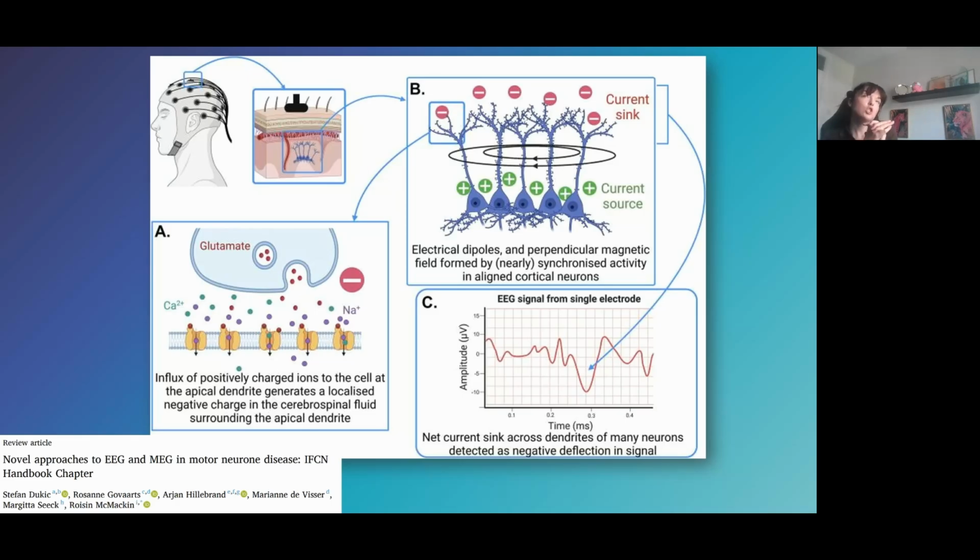What we see in the EEG is a negative or a positive deflection in this signal. One of the great things about this is we can see these changes in positive or negative deflections on a millisecond by millisecond basis, so really fine-grained temporal resolution.